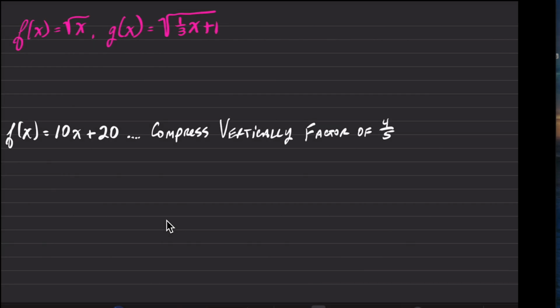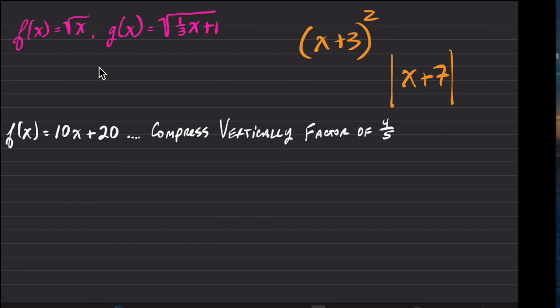In this next section, we're going to start introducing actual f of x functions, and we're going to talk about the transformations thereof. This first function, the parent function, is the square root of x, and this is the transformed function. Other parent functions that you're going to see going forward would be something like this, where you have something in parentheses raised to an exponent, or the absolute value function.